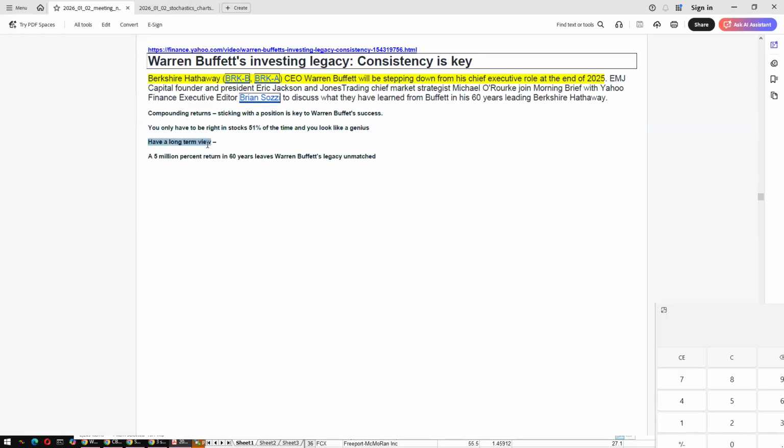So yes, Warren Buffett has a long-term view. He recently said that if you held Berkshire Hathaway for 100 years, it's probably one of the most reliable companies you can possibly buy and hold, because of its diversified business model.